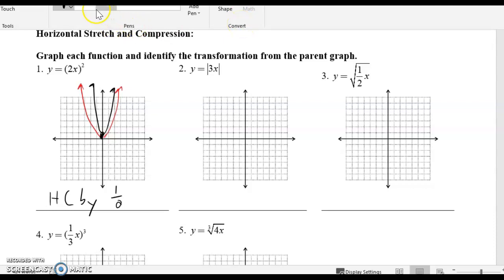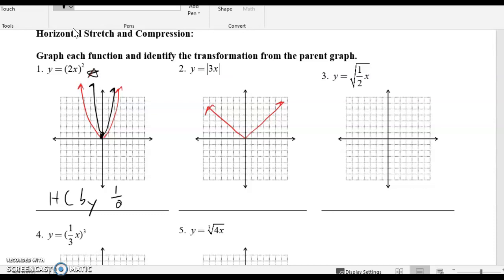Okay? So then we need to think about our graph here. Again, our parent graph is there. I forgot to star the black graph over here as our final answer. So this horizontal, something inside, it's multiplication, so you're going to stretch or compress.